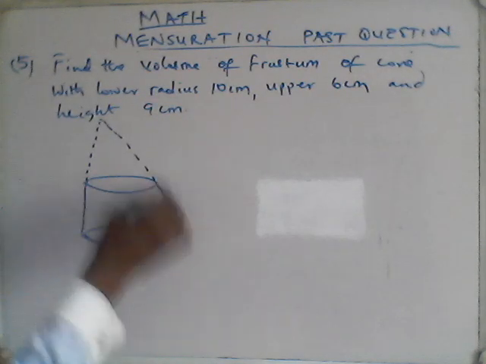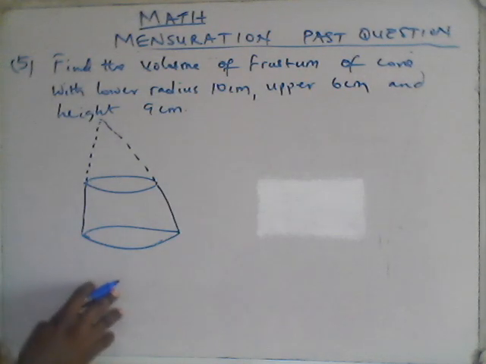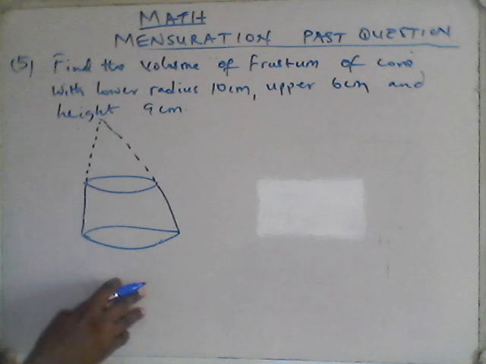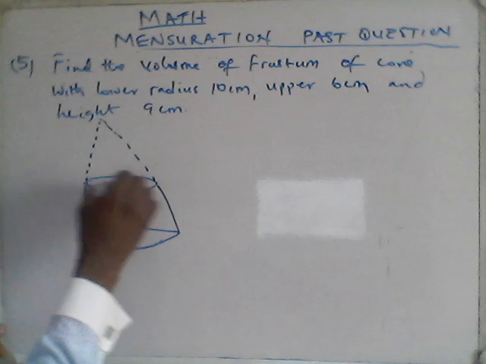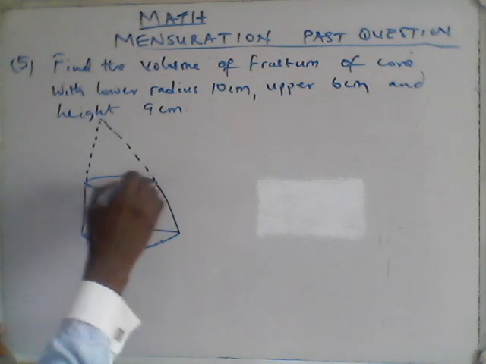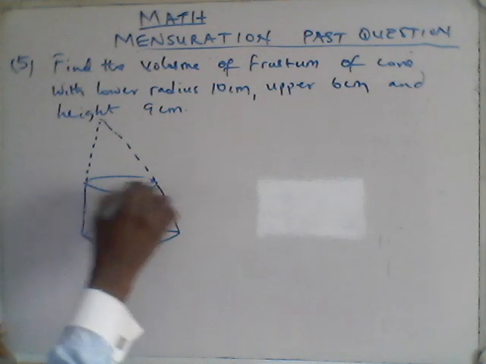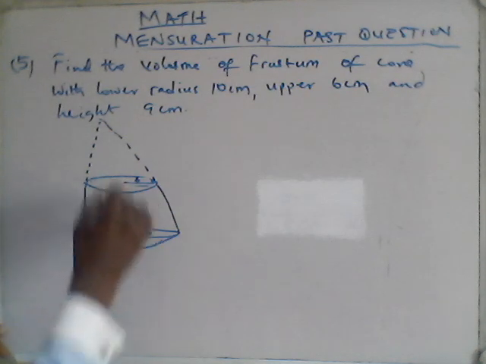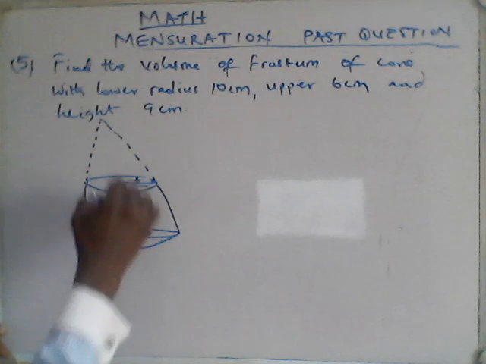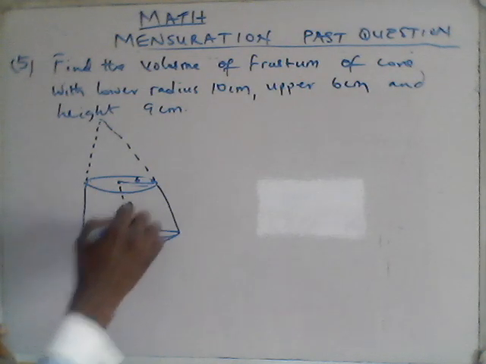This is what I'm looking for, the volume of the frustum of a cone. The lower radius is 10 cm. The upper radius is 6 cm. Radius is from the center to this point, so I have this one as 6 cm and this one as 10 cm. Their centers will meet and form a height of 9 cm.